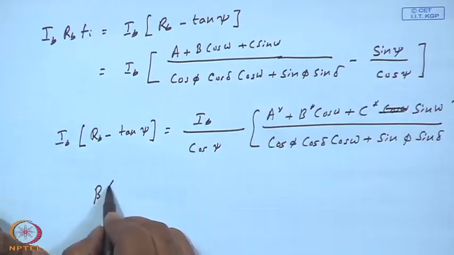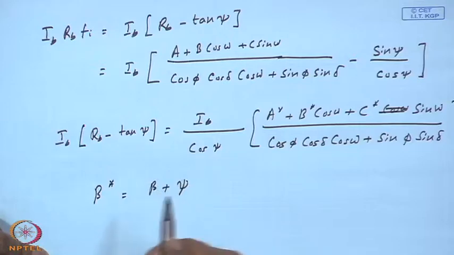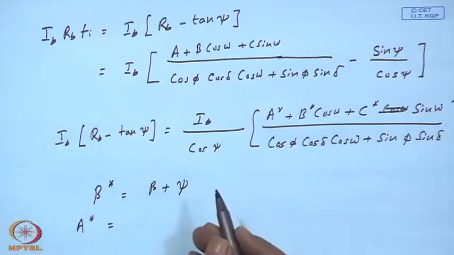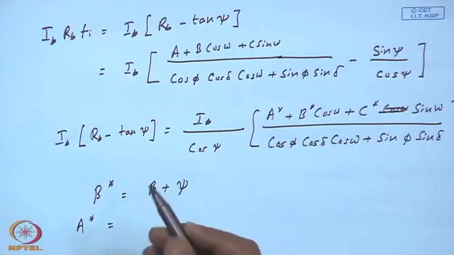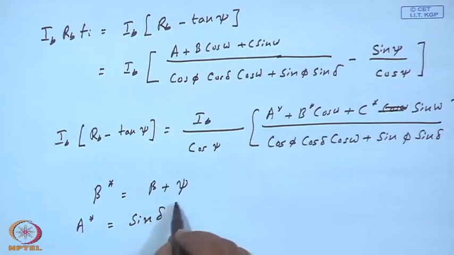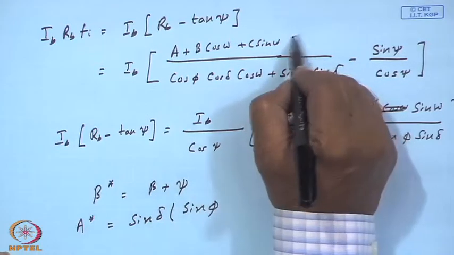So, beta star is beta plus psi, and A star is same as your A, B, C, except that beta is equal to beta star. You recall the fundamental definition, when we expressed cos theta as A plus B cos omega plus C sin omega, that is what we have done here.